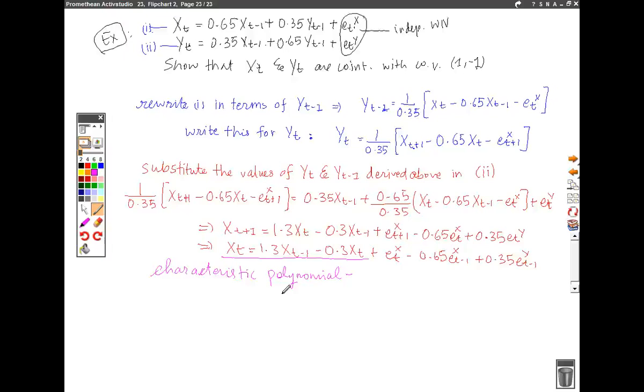Ma'am, the above equation is the x... And the third term should be 0.3 xt minus 2. Wait, what should it be? It should be 0.3 xt minus 2. Oh. Yes. Okay. So I see.